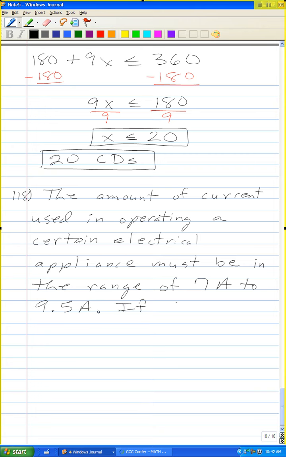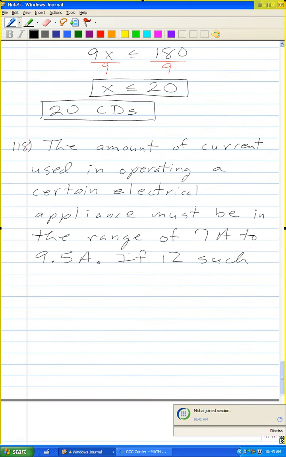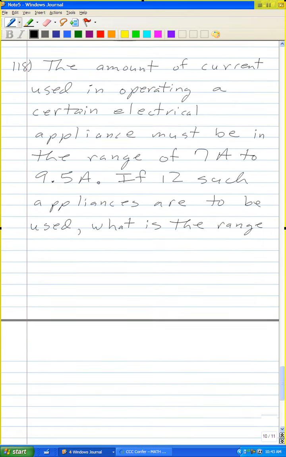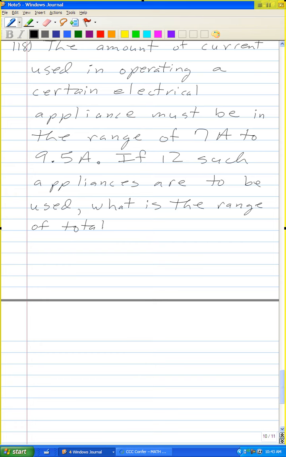If 12 such appliances are to be used, what is the range of total current being used? Okay.